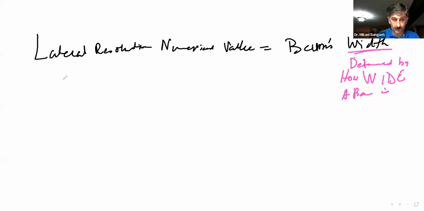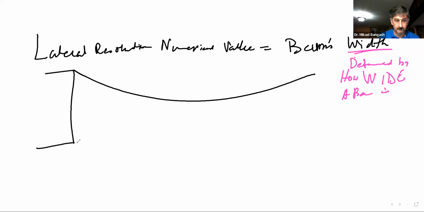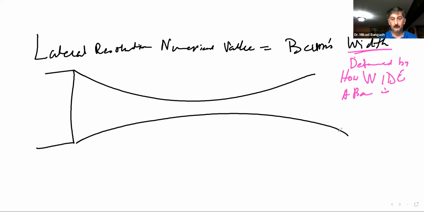Now, for now at least, whenever we draw a beam, just assume that we are looking at the beam from above.